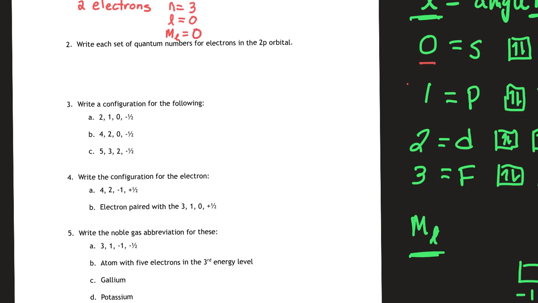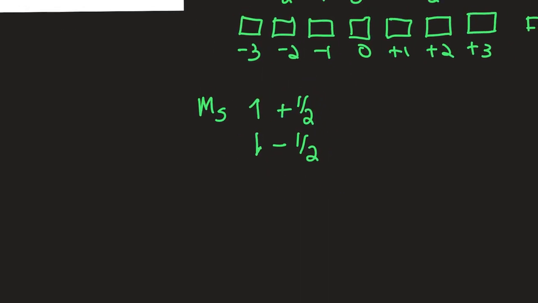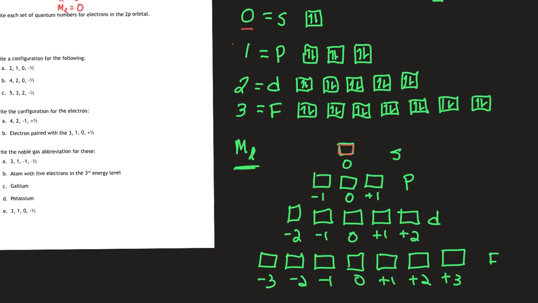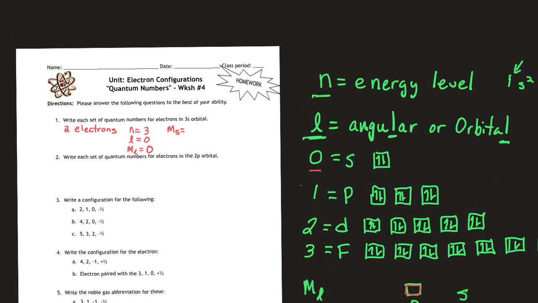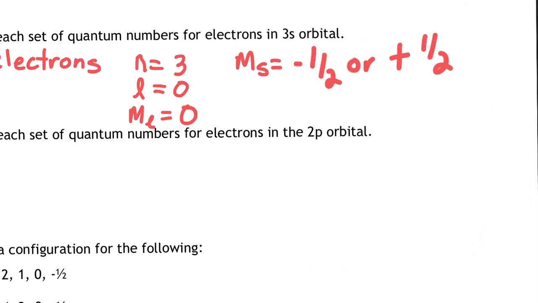And now I'm left with my next one, which is m sub s. Now, remember, there are 2 electrons. One could be spinning up and one could be spinning down. So I do have 2 options: I could have a +1/2 or a -1/2. If I wanted to write these numbers, and I know I'm running out of room, I'm going to zoom in here a little bit.